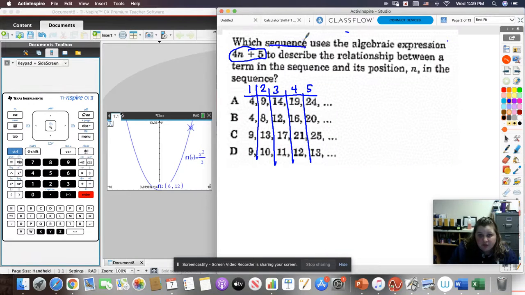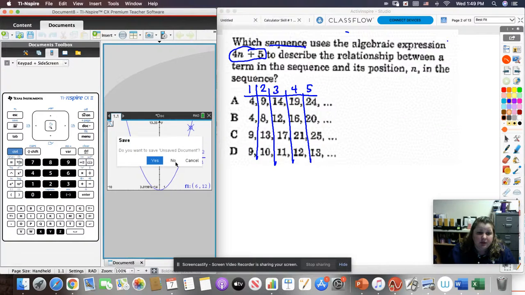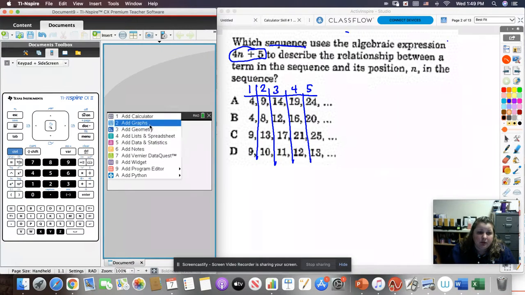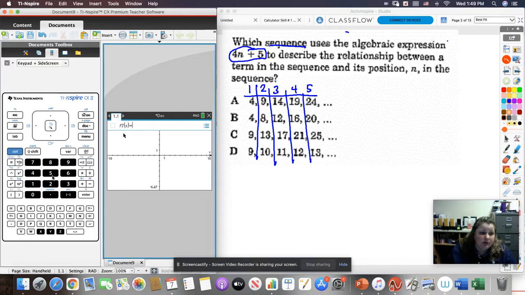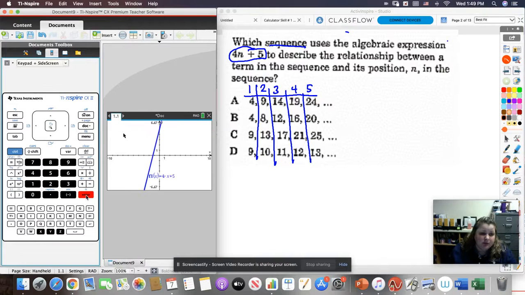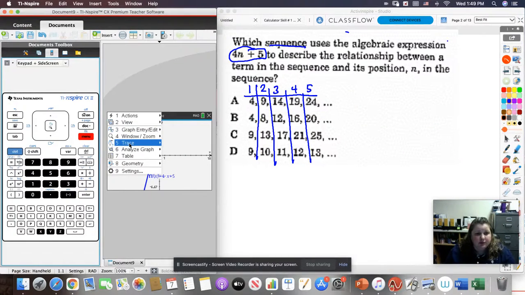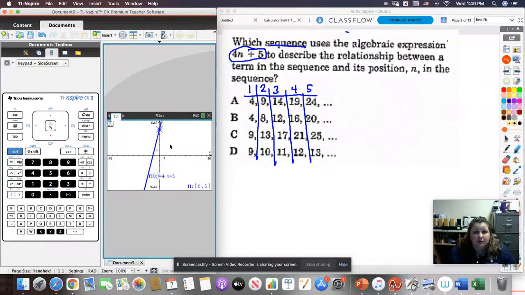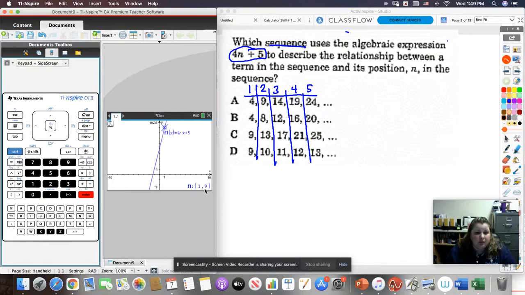We had the keyword sequence. Home, New Document, Save Changes, no. We're going to add a graph. We're going to type in the equation. Again, we have to use x and not n: 4x plus 5, enter. Now, Menu, Trace, Graph Trace. Type in 1. 1 outputs 9.